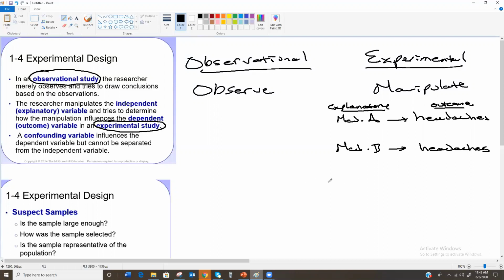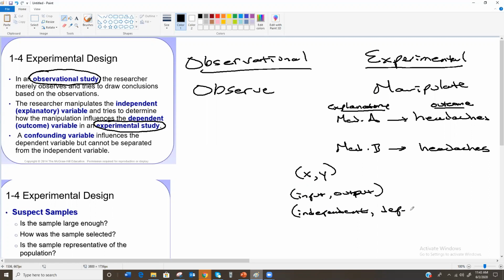If you want to relate that back to algebra, in algebra, explanatory would be like your X, and the outcome would be like your Y, your input, your output, your independent and your dependent.